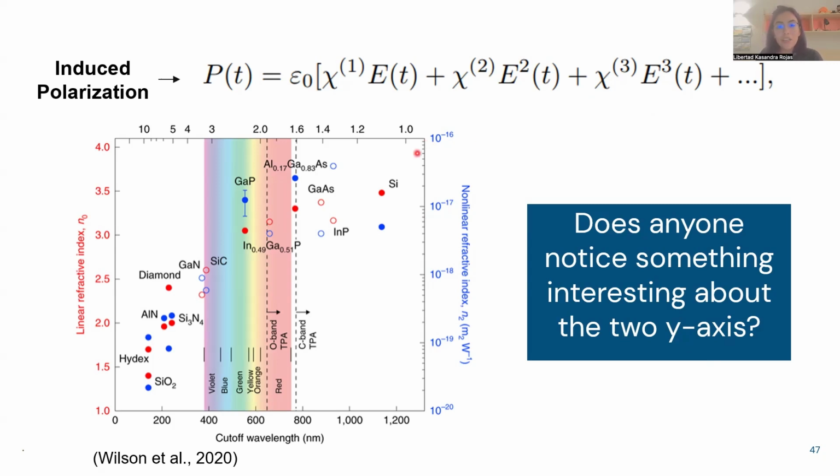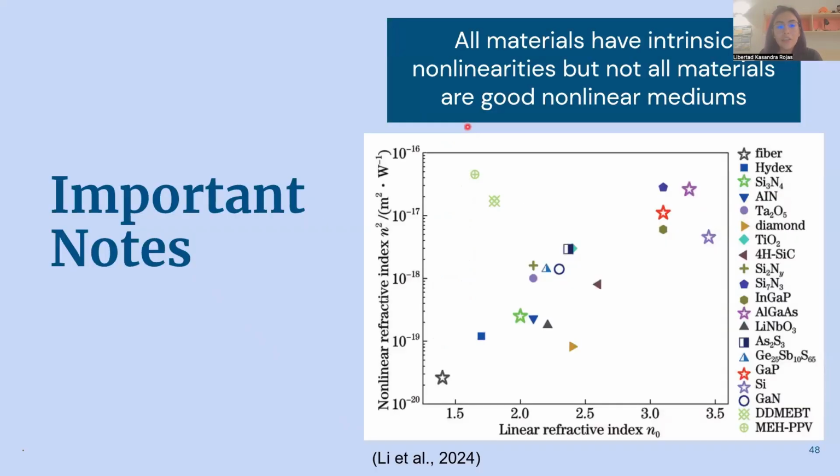Now, at this point, I'm just going to take some time to make a few notes. All materials intrinsically have nonlinearities, okay? But not all materials are good nonlinear mediums. As we just saw, there are some materials that have really low nonlinearities, while others have really high nonlinearities. Overall, we can see that there's a linear relationship between the linear effective index and the nonlinear effective index.